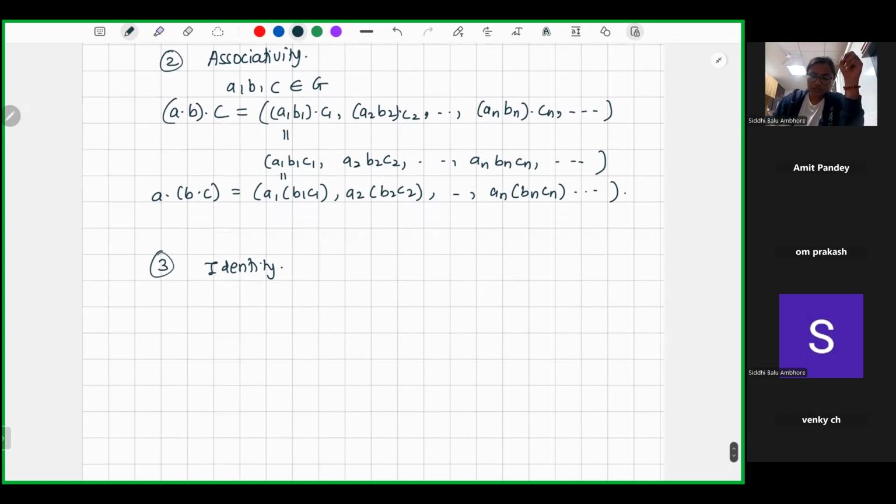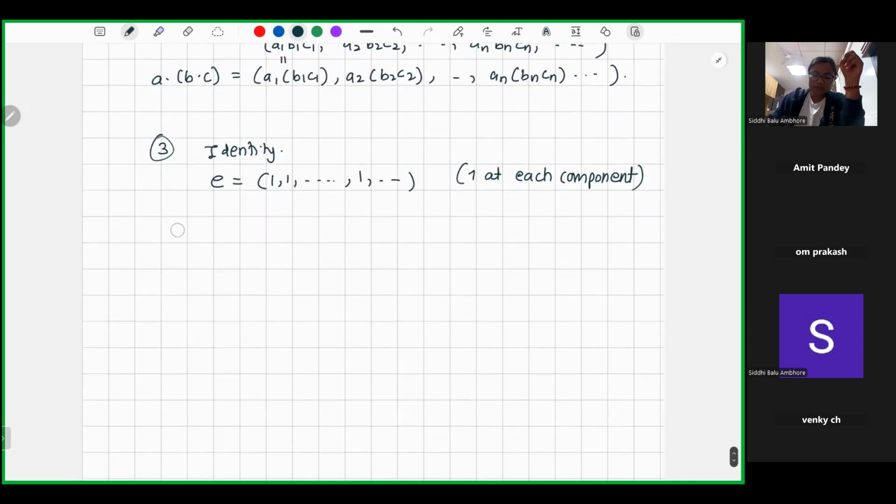Let me write this element E as 1, 1, 1, 1. This is 1 at each component. It will form the identity of this group, because A dot E will be just A1 into 1, A2 into 1, and so on, AN into 1. And this will be A anyway, because we are multiplying in reals.